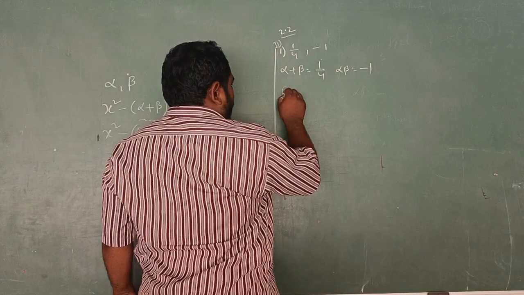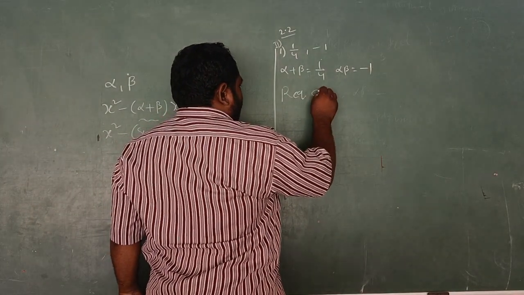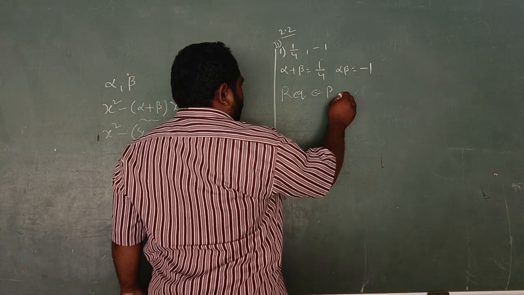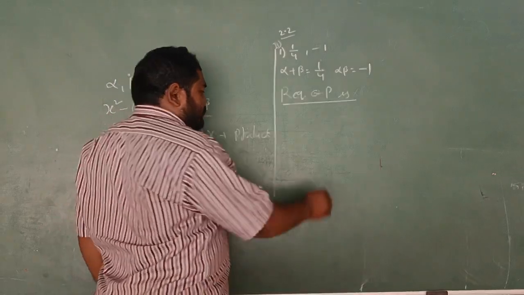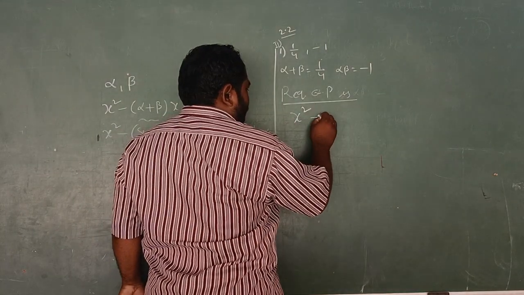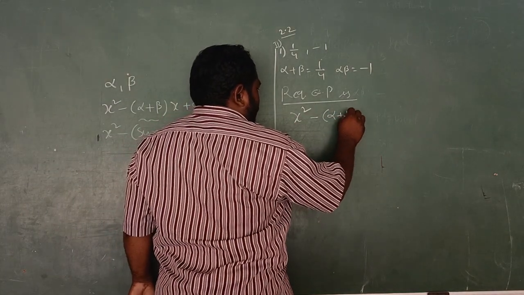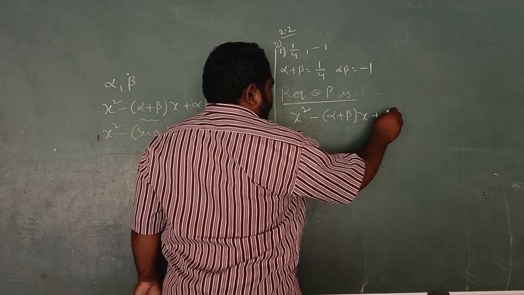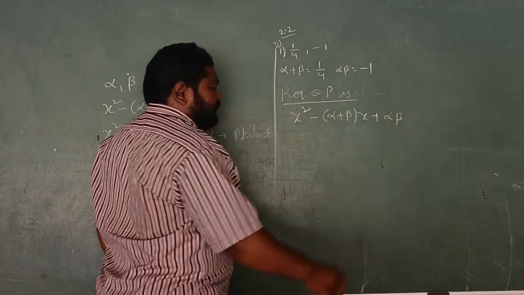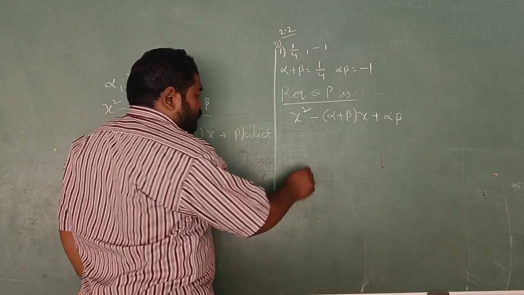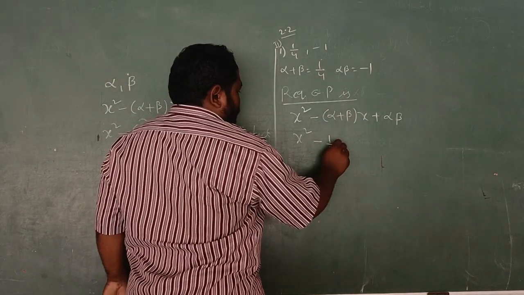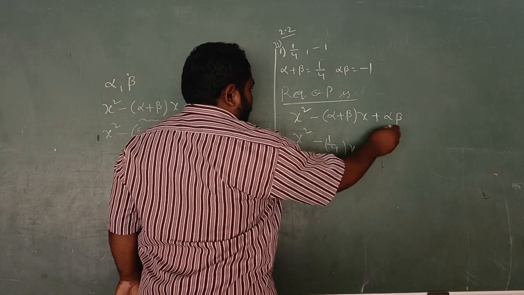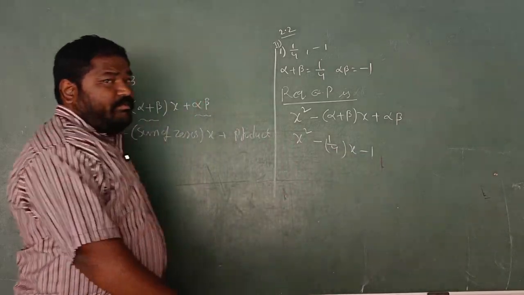Therefore, the required quadratic polynomial is x square minus alpha plus beta into x plus alpha into beta. So we have x square minus 1 by 4 into x, and alpha into beta is minus 1.